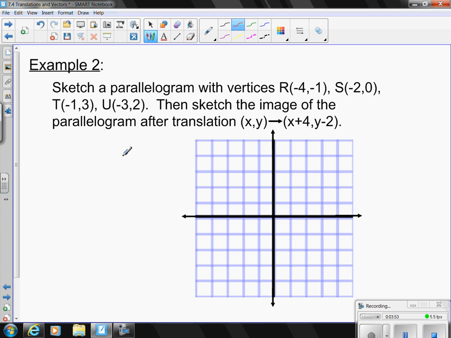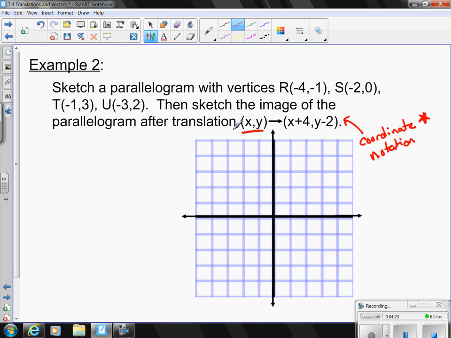Sketch the image after a translation, and here is more coordinate notation. We're going to talk about a different notation we can use to describe vectors soon, so make sure you know the name coordinate.